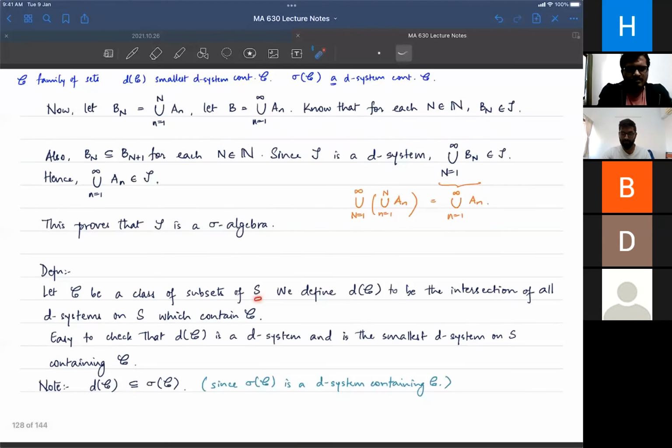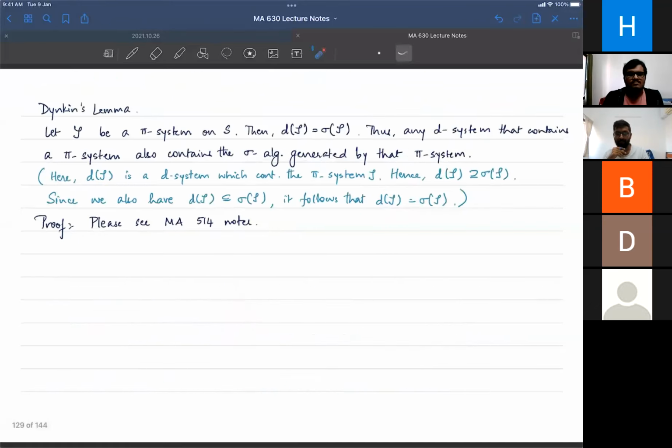Here we had S, we had a family of subsets. And for this family of subsets, D of that family was contained in sigma of that family. That is always true. What Dynkin's lemma is saying is that if C is a pi system, then the other containment also is true. So Dynkin's lemma is saying that if C is a pi system, then D of C contains sigma of C. In other words, the two are equal. So let S be a pi system on S, then D of S equals sigma of S. Let's just make a note.